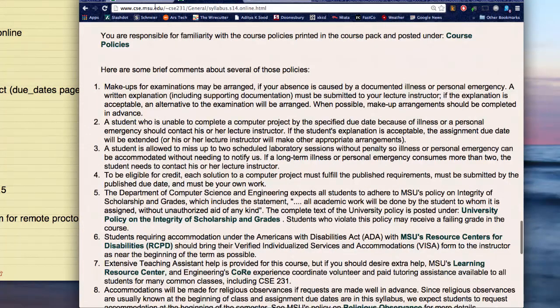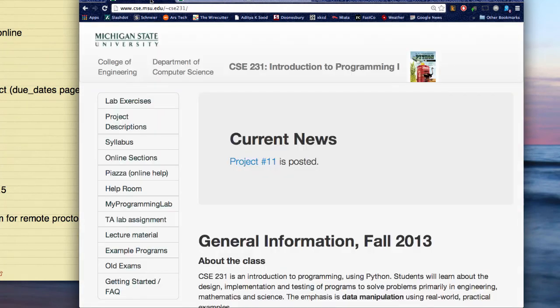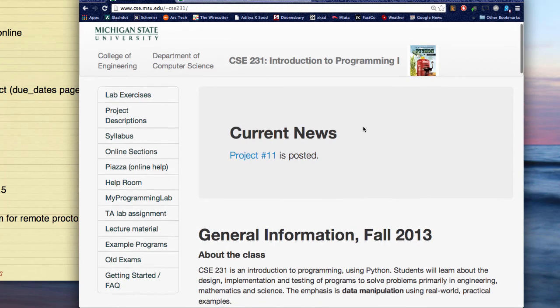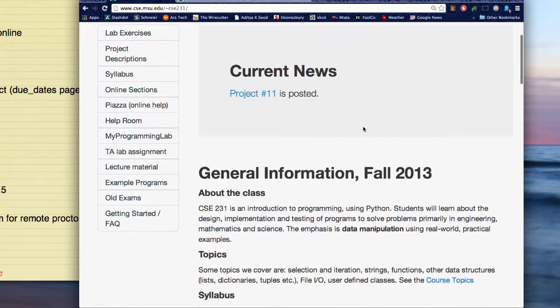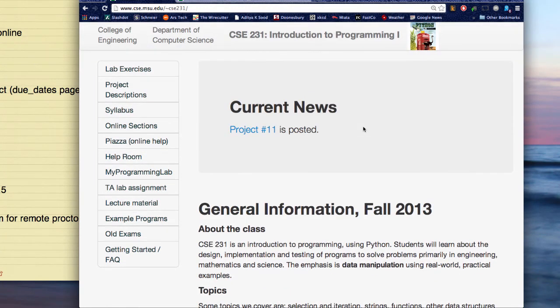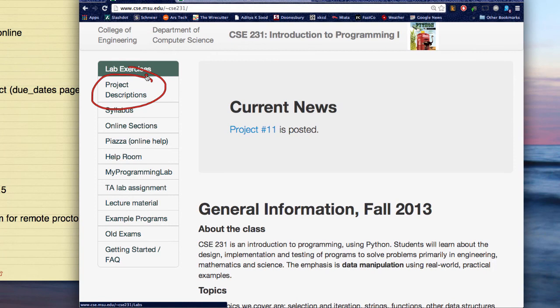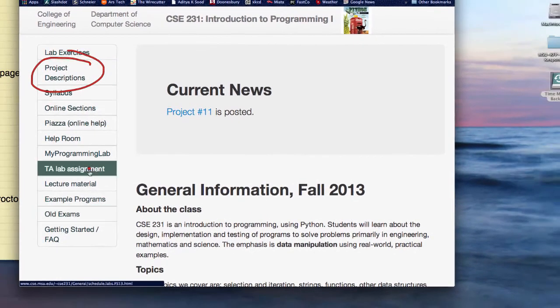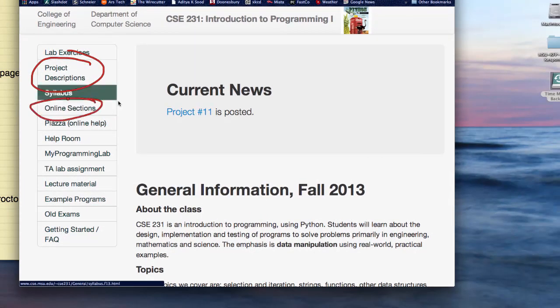Okay, and there is a page for the course. This is still the one from the previous semester, but there are links on there to the common programming projects that are there. Of course, there's the link to the online sections, Piazza. For those of you who are on campus and it's handy, we do have a help room.